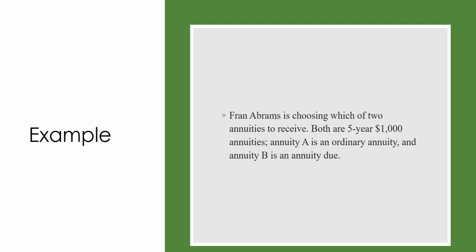With Annuity B, it's an annuity due, so you're receiving that $1,000 at the beginning of the year, or January 1st. So there's a 365-day difference between the payments, and so you have less time for that money to grow. So you're losing one compounding period with an ordinary annuity, as opposed to an annuity due.